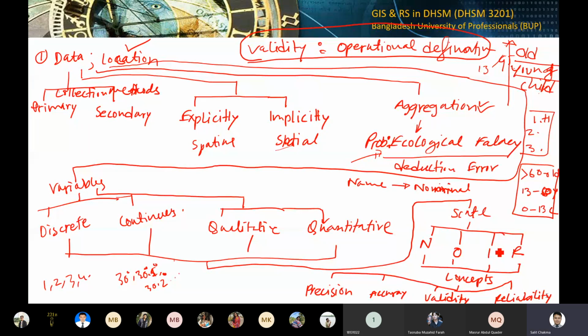For example, if we're talking about temperature in degrees Celsius or centigrade, then you have 0 degrees and then you have minus degrees. So you have 0 degrees centigrade, and if you go beyond this 0, you have minus 5 degrees Celsius, minus 25 degrees Celsius, minus 30 degrees Celsius.